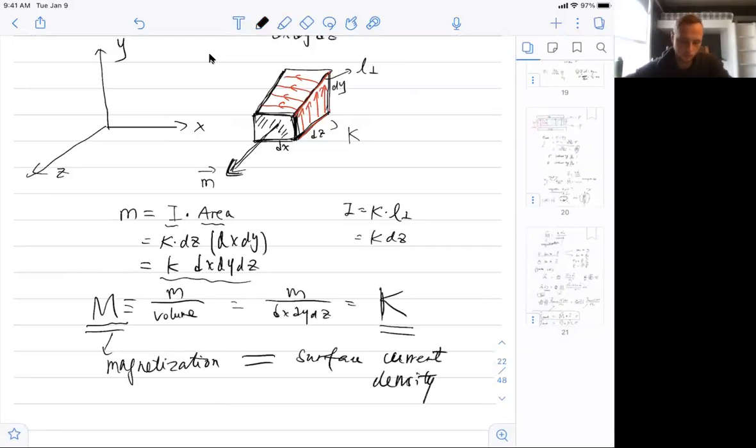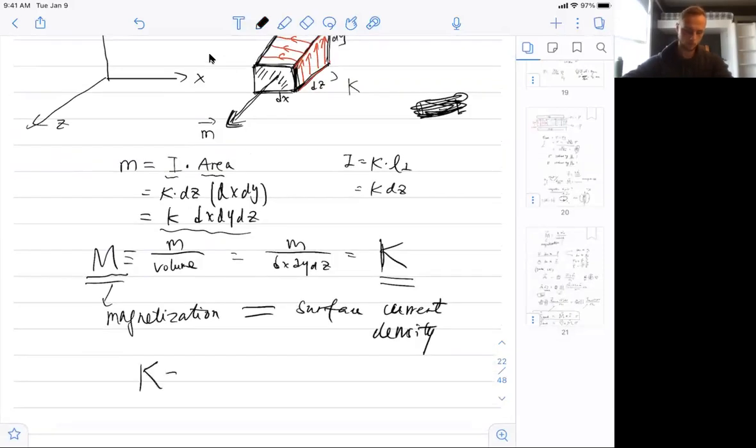In terms of their magnitude, they are equal. They have the same magnitude. This is similar to how we derived sigma equals P. But you also have the directions, so we have to figure out if the direction is indeed M cross n hat.